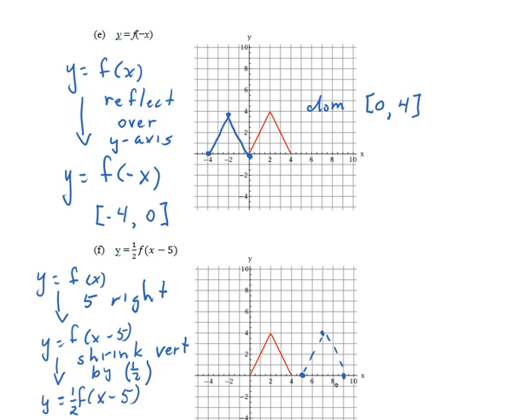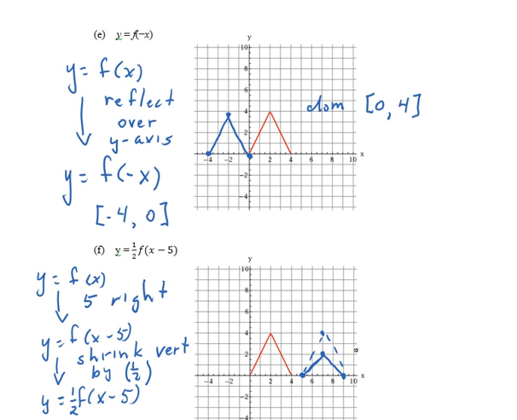But now the y values are going to be multiplied by 1/2. That's not going to affect the two bottom points, but the point (7, 4) will come down to (7, 2). The final graph will be down here.